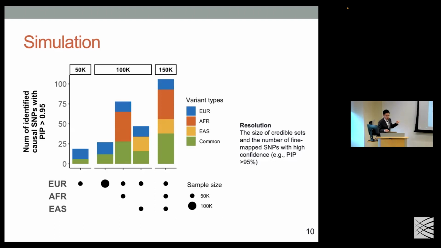And also the number of causal variants with extremely high PIP, which means variants we are highly confident about. We count the number of variants with PIP greater than 0.95. And the number of confident variants also increases by adding more data.